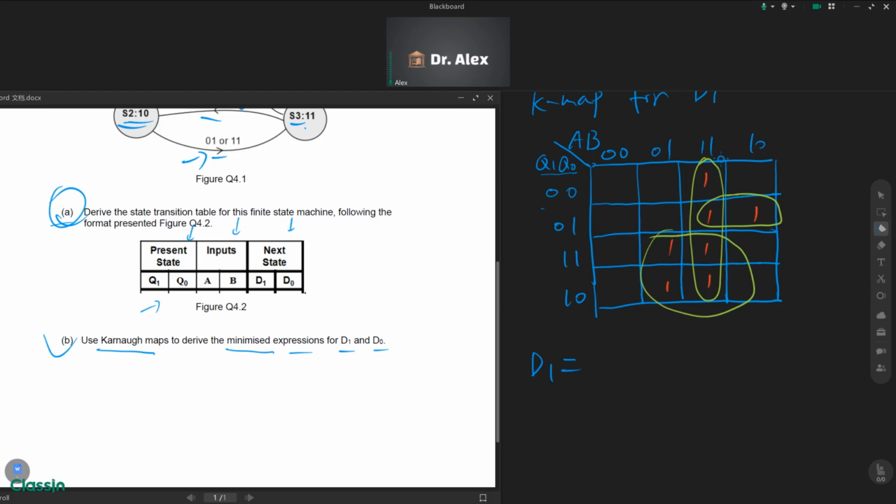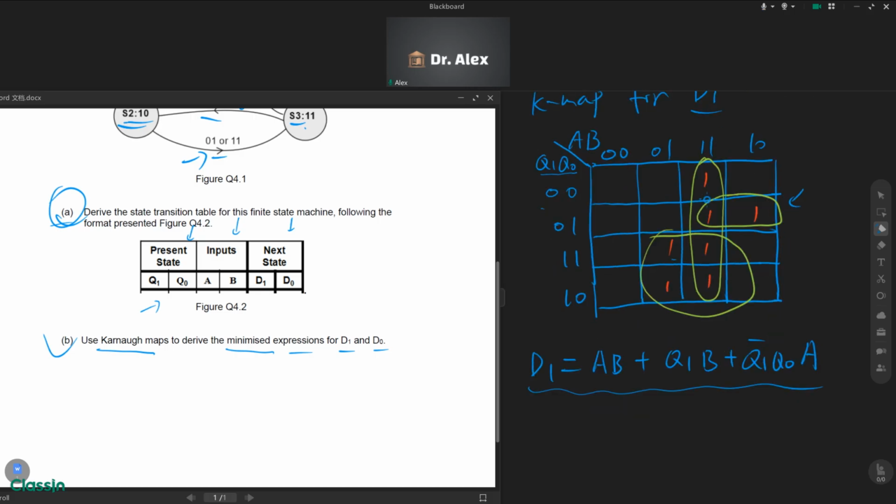From the first combination, we cancel the changing variables and keep the constant ones, which is A, B. For the second one, it is Q1 and B. For the third one, it's Q1, not Q0, and A. This is the final expression for D1.